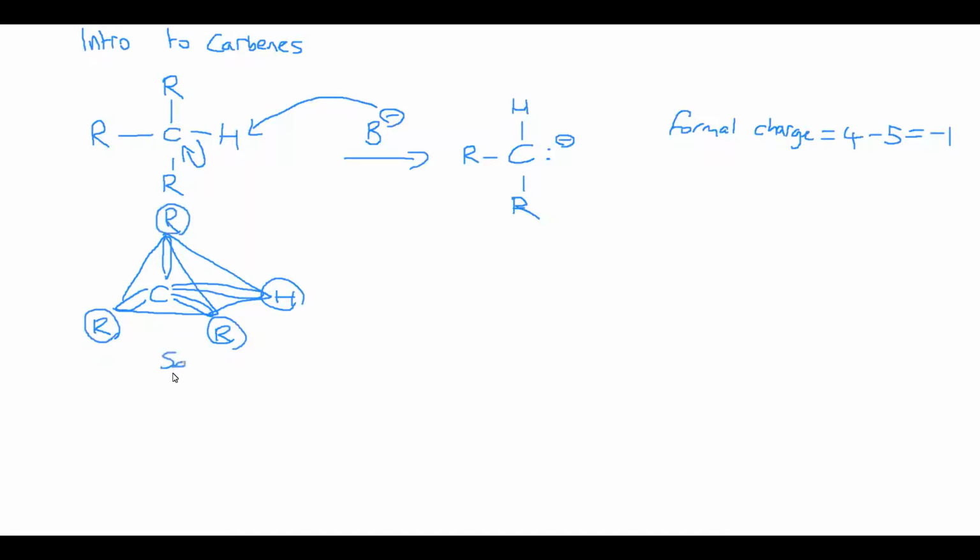This carbon is known as sp3. Now, when the carbanion is formed, this structure still remains the same. We have our tetrahedral structure with the carbon in the middle. We have our same orbitals, just now we have a lone pair in one of the orbitals, so we draw our arrows in there for those electrons.